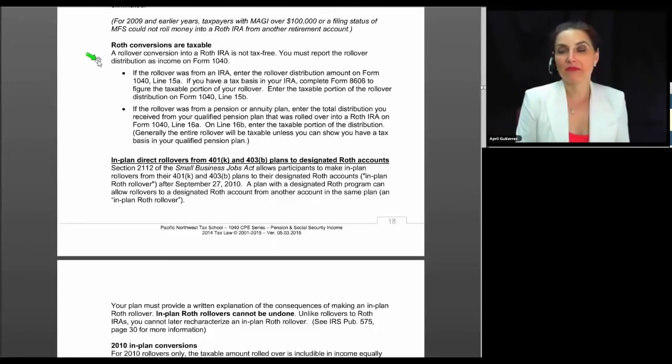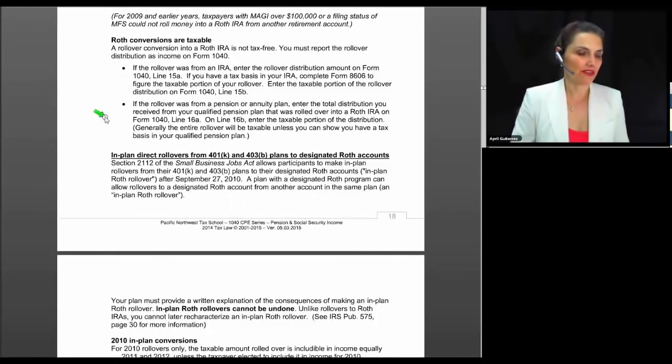But they may or may not really be a good deal for a particular taxpayer, and whether they're a good deal for a taxpayer is going to depend on quite a few variables. A big one is their age. If you're 25, a Roth IRA can be a great deal. If you're 55, not such a great deal, perhaps. So we're going to talk about why that's the case in this next part of the course.